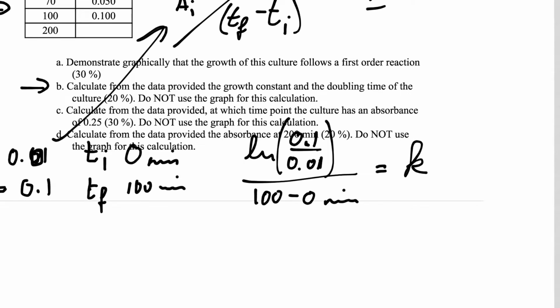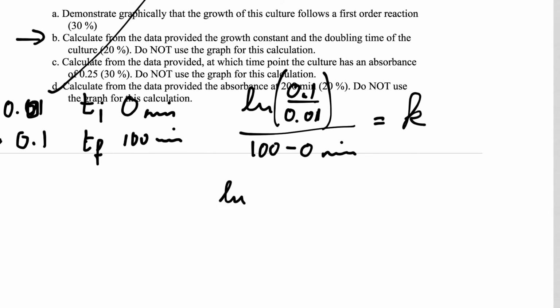Okay, ln 0.1 divided by 0.01. So what is 0.1 divided by 0.01? Yes, you are absolutely right. It's 10. Nobody said anything, but divided by 100 minus 0, I rather dare not ask you. I don't want to upset you. So what is ln 10?